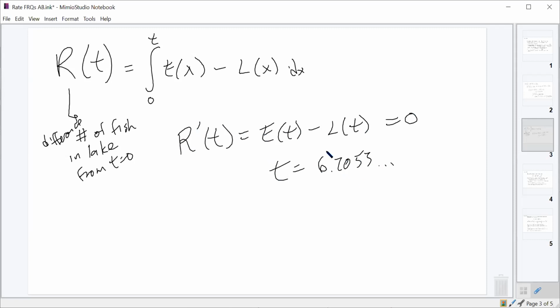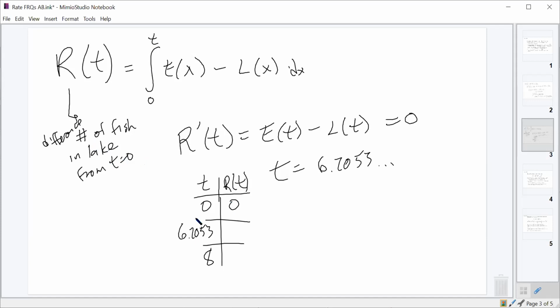And if we wanted to, we could then not bother with the sign chart. We could just say, well, this could be a max when t is at either of the endpoints or when it's at 6.2053. And then you would plug in values into the difference in the number of fish in the lake from t equals 0. So at t equals 0, we'd be at 0 difference from what it was at 0.